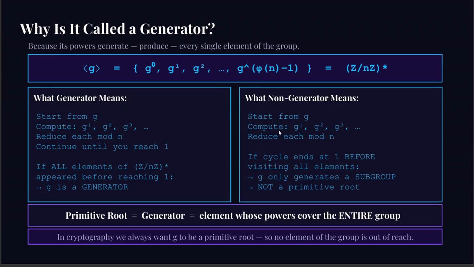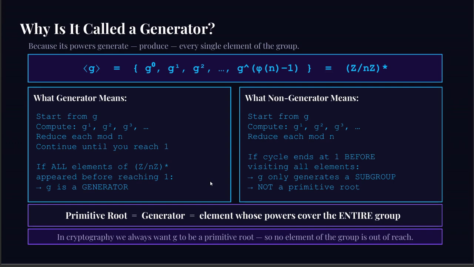In the non-generator case, if it contains only some elements, then it is not a generator. For example, we already saw that modulo 7, 3 is a generator and 2 is not a generator. A generator allows access to the entire key space. In a cyclic group, knowing one generator is enough to describe the entire group.